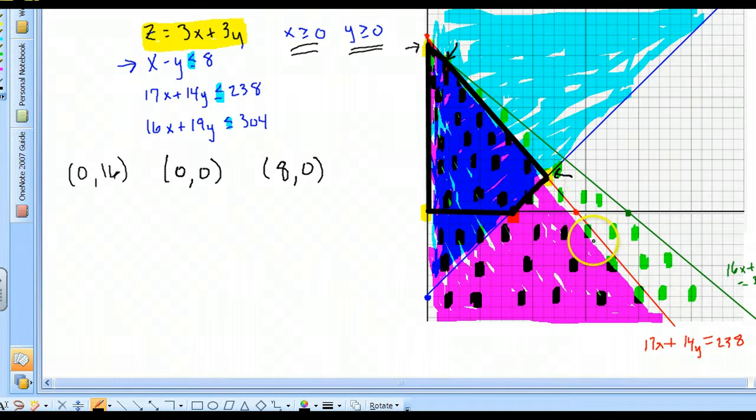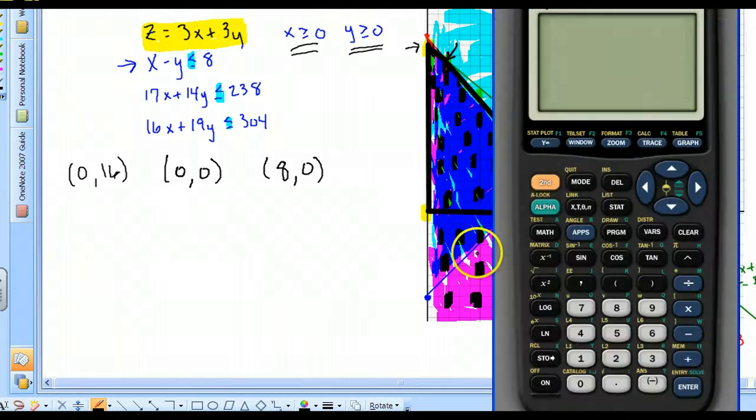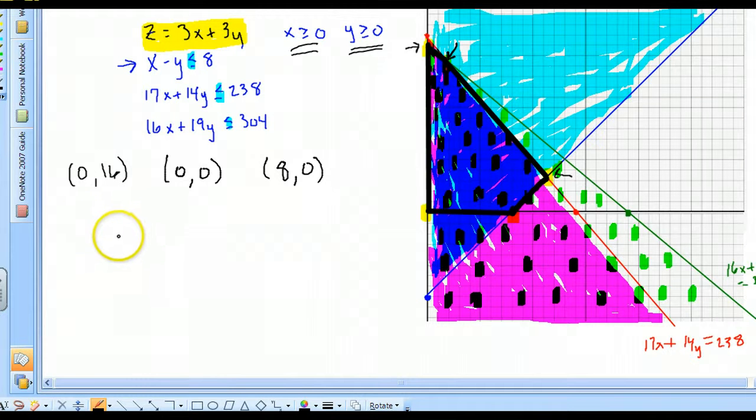All right, this one is the intersection of the red line and the blue line. If you only want to plot those two on your calculator and find the intersection, you can, or you can do it by hand. It's just a system of equations you'd have to solve. So to do it strictly by hand, x minus y equals 8.